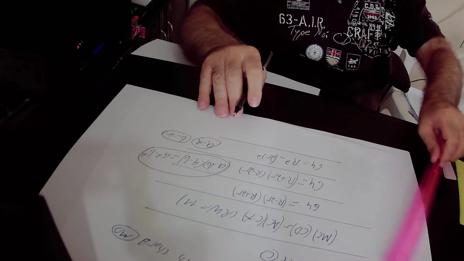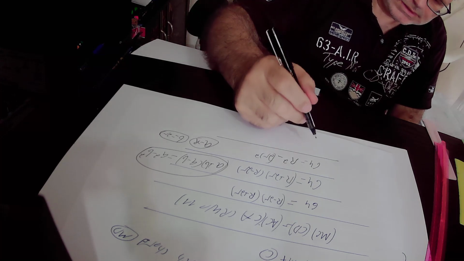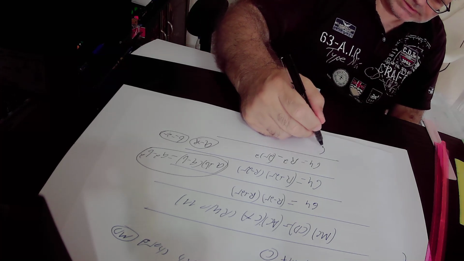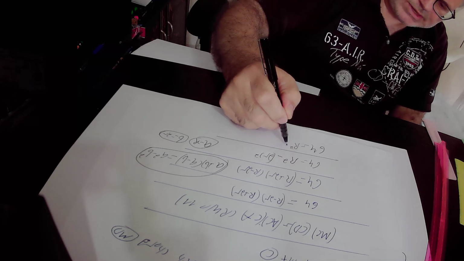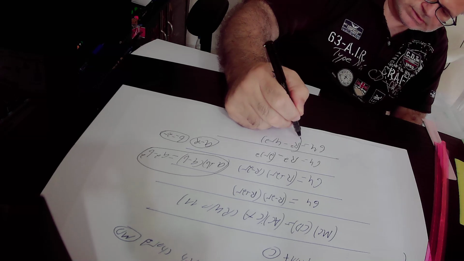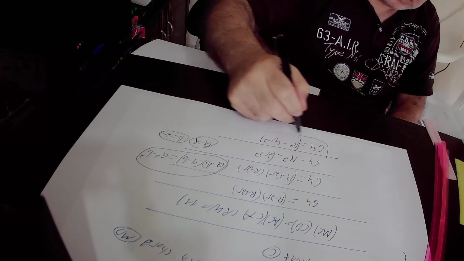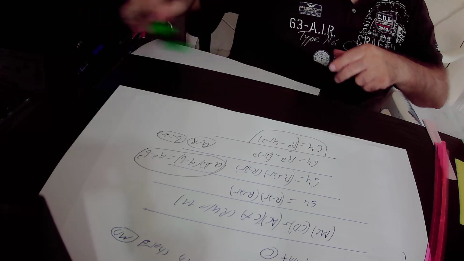So we found out that 64 equals capital R squared minus 2R squared, that is capital R squared minus 4R squared.